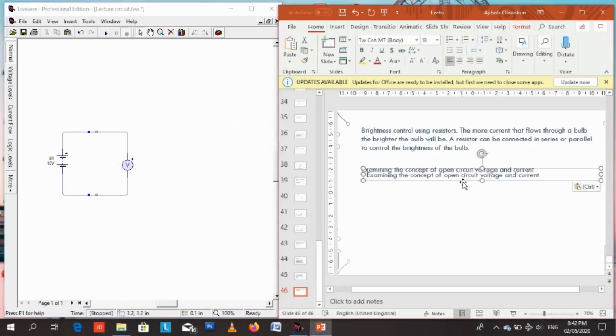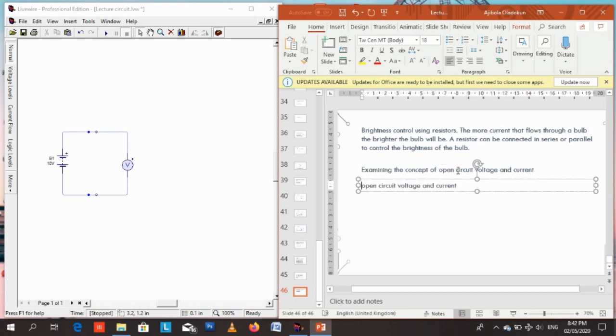That's 10 volts. So open circuit voltage is the maximum voltage, Vmax. The maximum voltage that your voltage supply, your battery, can give you is your open circuit voltage. In this case it is 10 volts because the battery is a 10 volt battery. If the battery was a 100 volt battery, open circuit voltage would also be 100 volts.